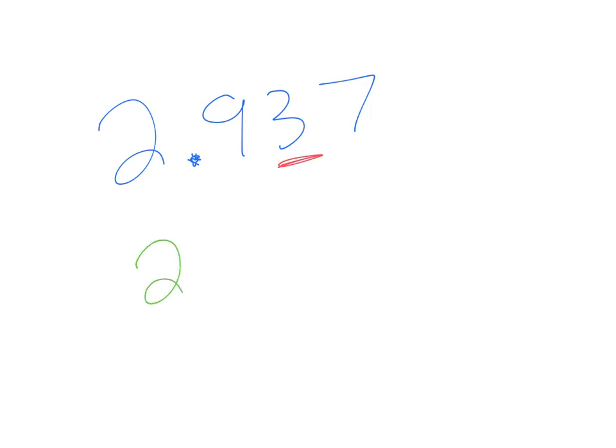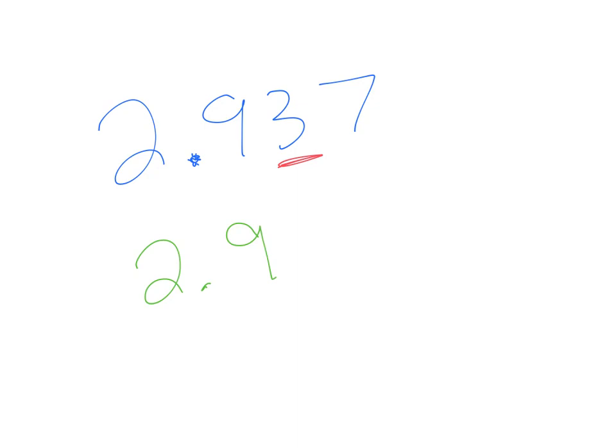Now if I had the same thing up there, 2.937, an ugly decimal, and I said to round it to the nearest hundredth, then in this case, the hundredths place is this value right here, the 3. But the same rules all apply again. Everything in front of that place value will stay the same, the 2, the decimal, and the 9.